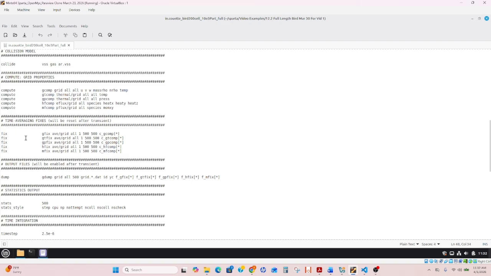All right, next you got to go to the fix command, and this is how you average over time steps. So we're looking at gfix. We're calling what this fix produces gfix, and then we're saying we're going to do the gfix on the gcomp. So we're going to come up here, we have this information, and we're going to average that information for all of the grid cells, and we're going to do it for every time step, and the average is going to be over 500 time steps, and it's going to happen at time step 500.